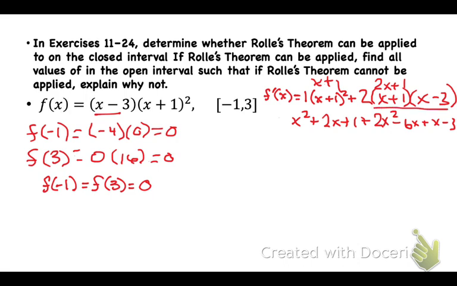And then I got to do what? Combine like terms. So there's no x cubed. So we got 3x squared. Yeah? Minus 4x. Plus minus 2x. What did I do wrong? Oh. I got plus 2x.